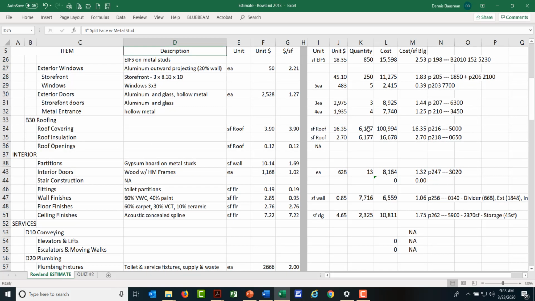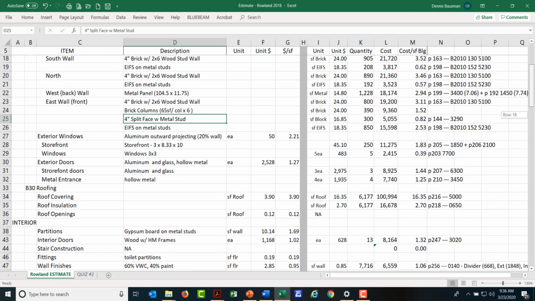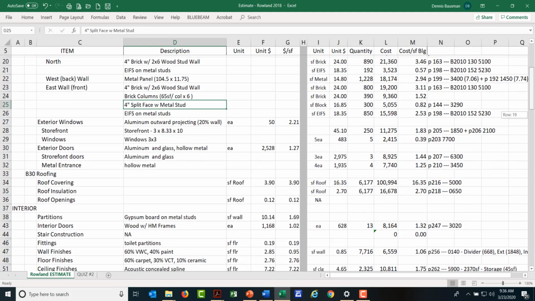So now we've got roughly 6,171 square feet of roof. I pulled a unit price of 1625 for, I think, standing seam metal roof, which is on that page, okay? I also added in insulation. This roof is insulated. So I took that unit from that page, 270, and again took it times the quantity we have.